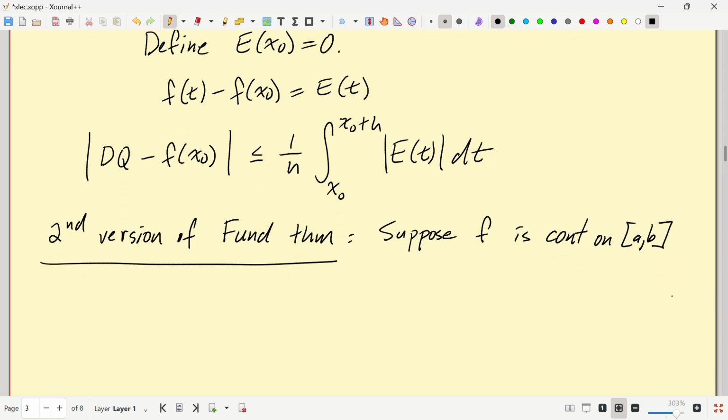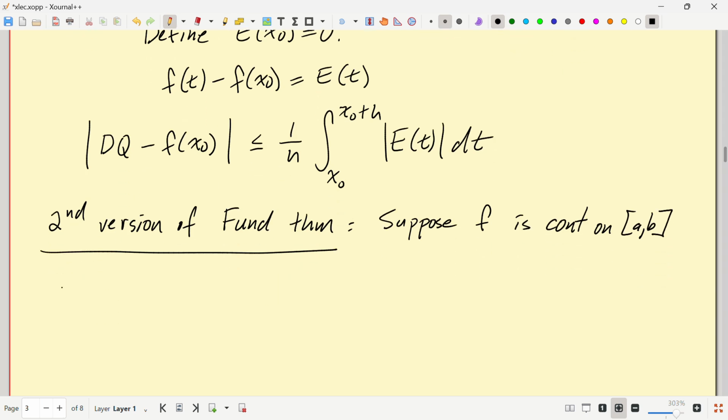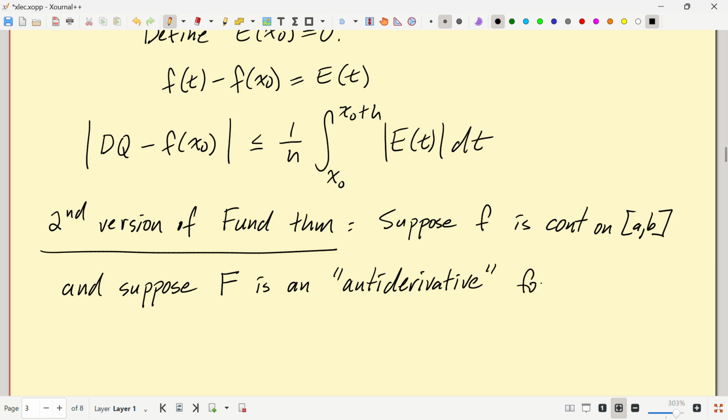And let's suppose capital F is an antiderivative for little f on [a, b], meaning that its derivative exists and is equal to little f.